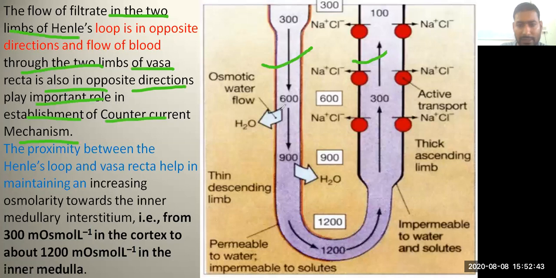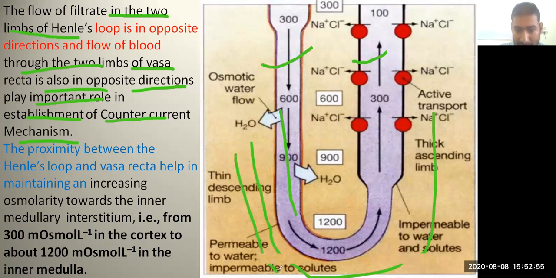So here you can see this is the opposite direction, and the flow of blood through the two limbs of the Vasa recta. I am drawing the figure. Suppose this is the Vasa recta. I already told you these are blood capillaries which run parallel to the limbs of the loop of Henle, but the flow of blood is in the opposite direction.